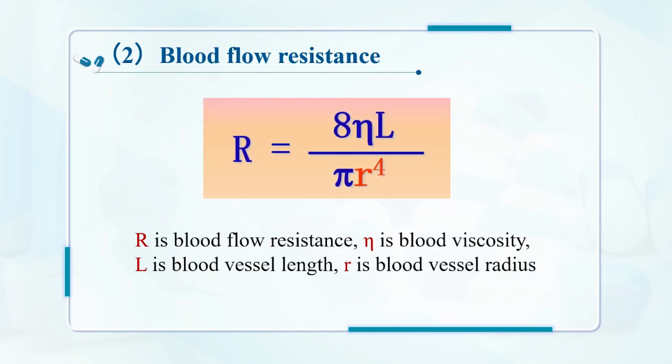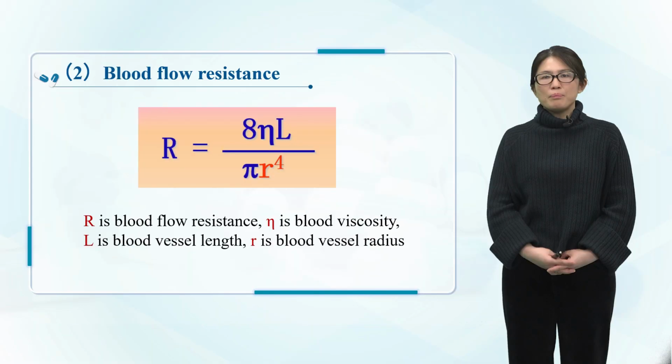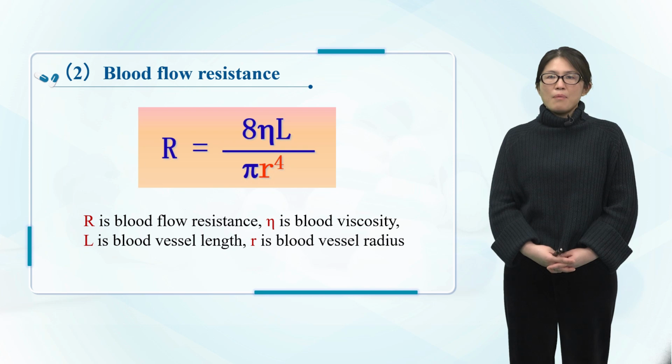Blood flow resistance refers to the resistance encountered when blood flows through a blood vessel, which is mainly caused by the friction between the flowing blood and the blood vessel wall and the molecules inside the blood.